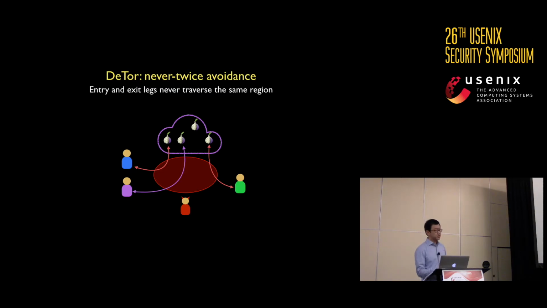In order to be resilient to any traffic correlation attacks, we need to make sure there's no country in the world that this packet has traversed twice. So we need to make sure the countries this packet could possibly reach over the entry leg will not intersect with the countries this packet could ever reach over the exit leg.